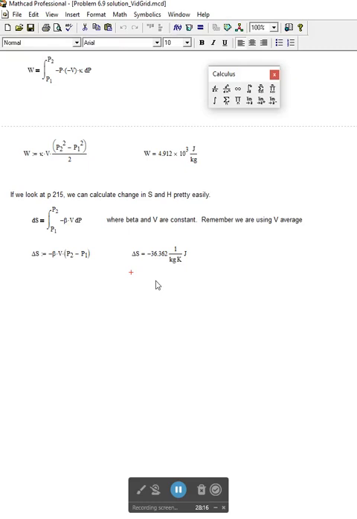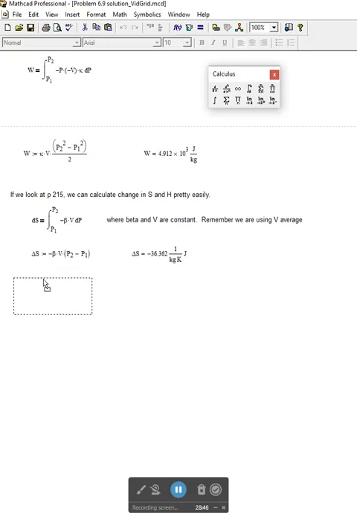But if you think about entropy from the molecular standpoint, when we're doing a compression, we're giving our liquid water molecules less volume to move around in, and so that's going to impose more order, if you want to think of it that way, on our system. So that is our entropy calculation.